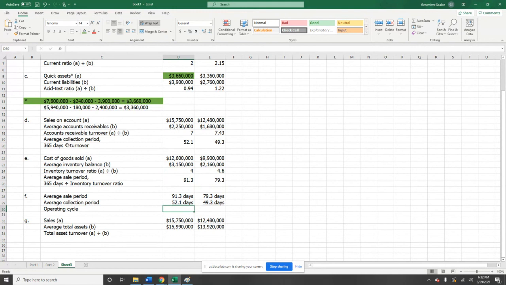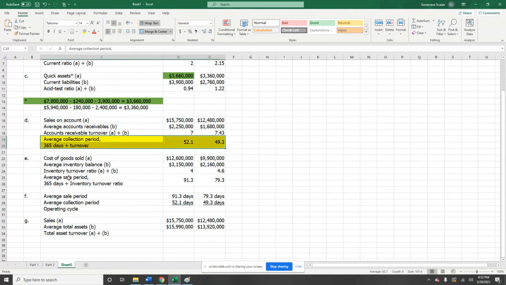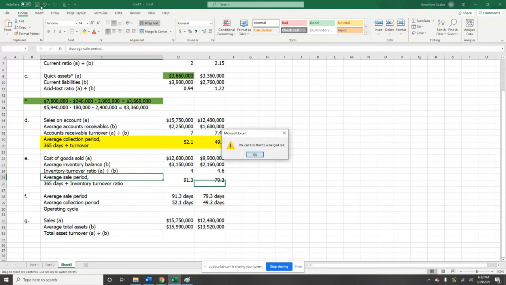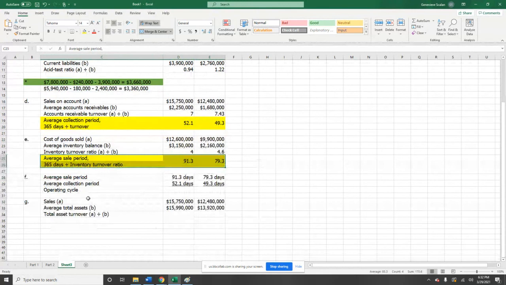Now that we have our average collection period, right? And now that we have our average sales period, now we can tell an operating cycle, right?